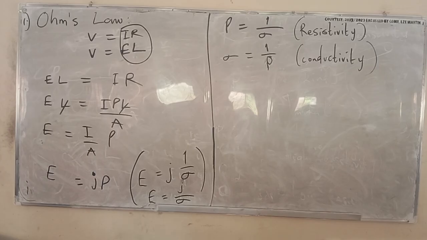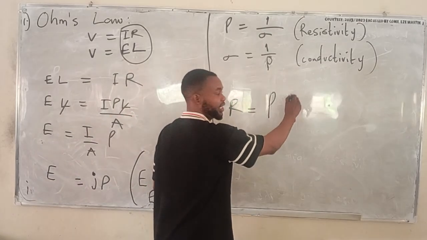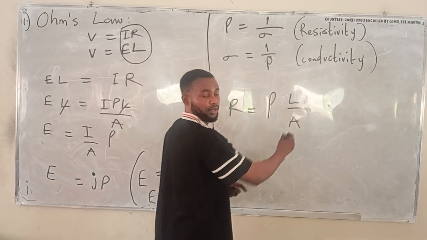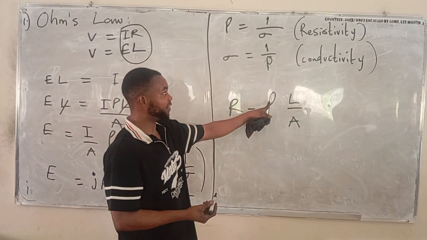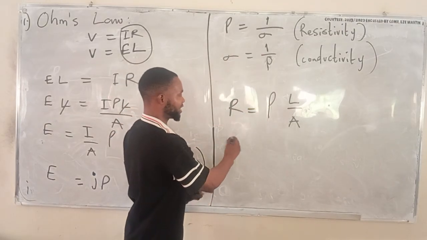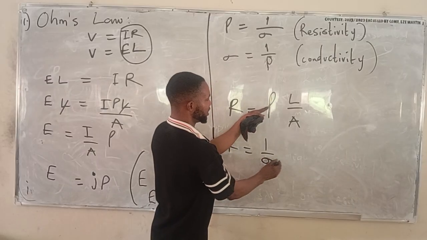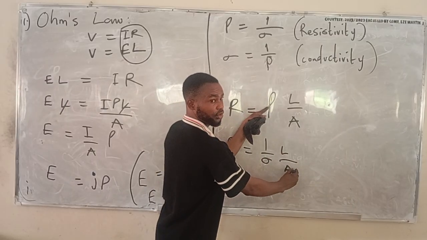And if that be the case, I want to still do something. Do you remember that we once said that R is equal to resistivity times L over A? Is it true? Yes. Which means that if resistivity is 1 over conductivity, resistance can also be defined as 1 over conductivity times L over A. Is it not true?